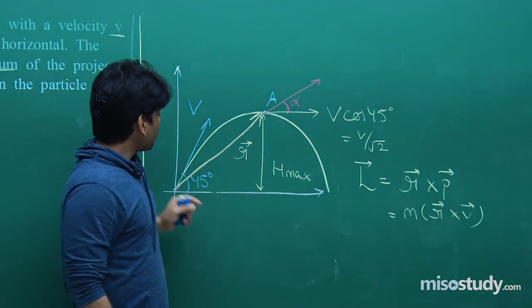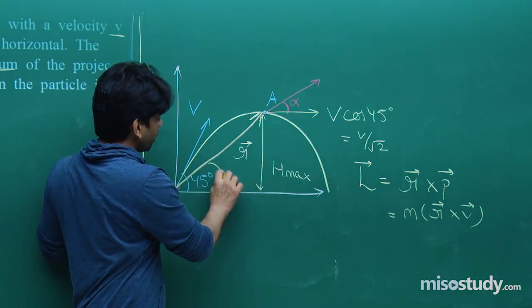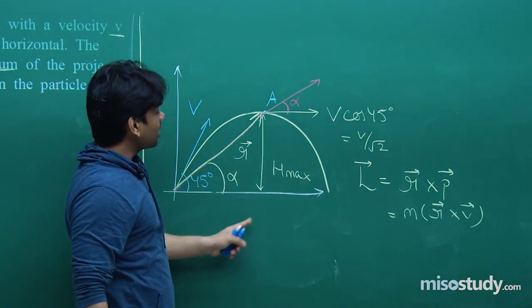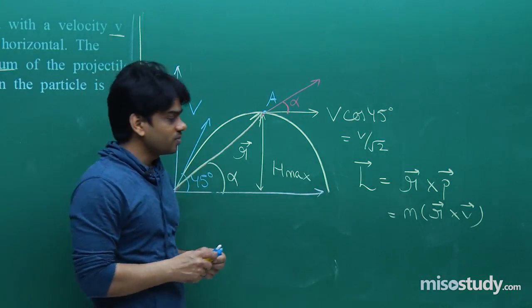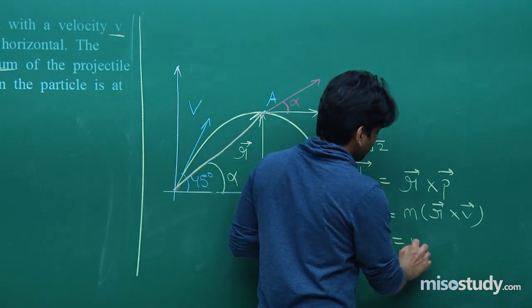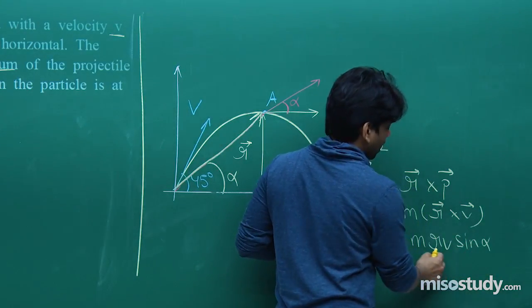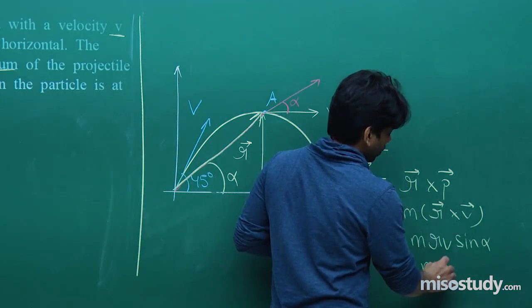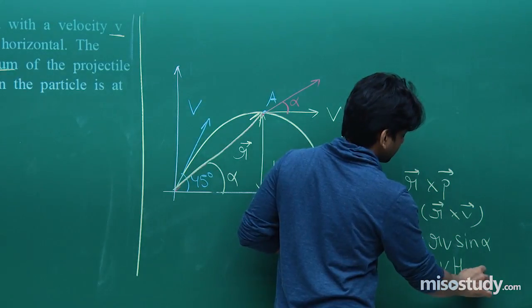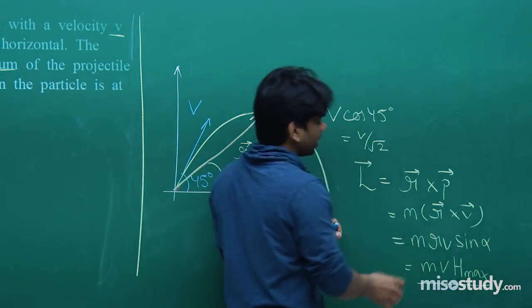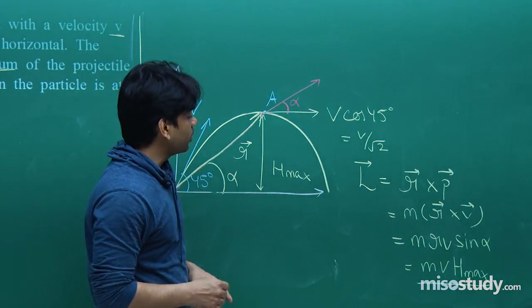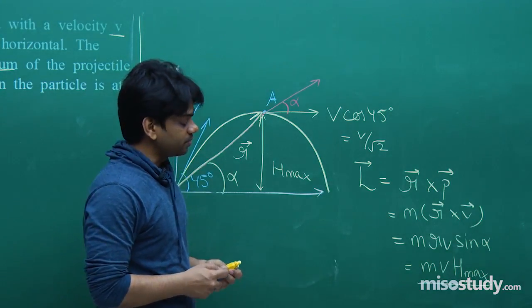So it is m r v sin alpha, and r sin alpha is h max, so m v into h max. This is the final equation that we will resolve to find the magnitude of the angular momentum.